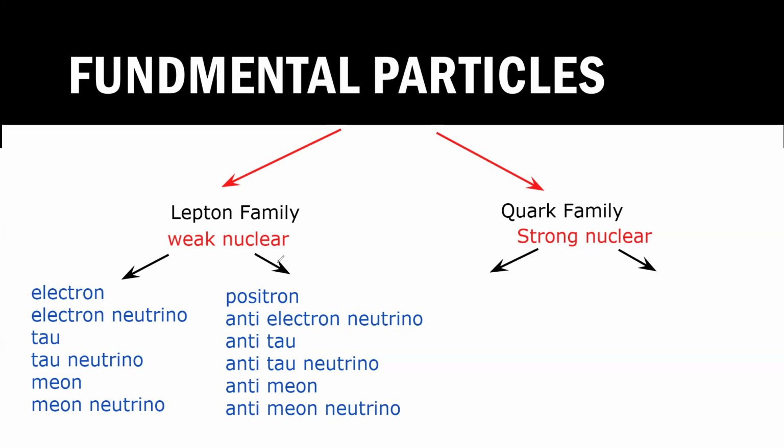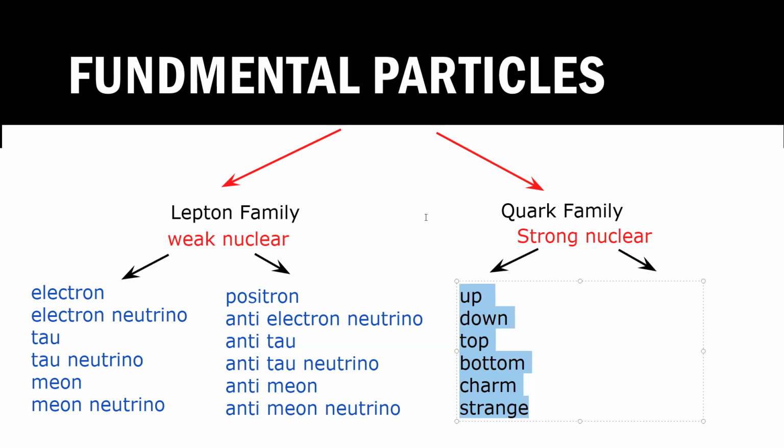Then we have a quark family. The quark family consists of up, down, top, bottom, charm, strange. These are the names given to the particles. And what about their antiparticles?